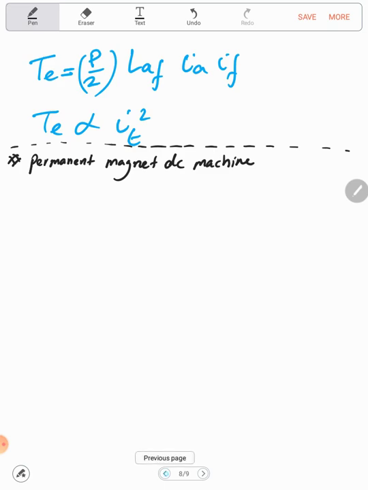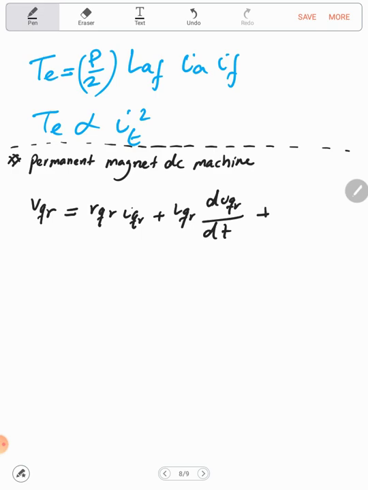So if we write the equation, it will only have a single equation, which is V_qr equals R_qr I_qr plus L_qr dI_qr/dt plus lambda_m multiplied by omega_r. And this lambda_m is constant and all the time is pointing toward the d axis.